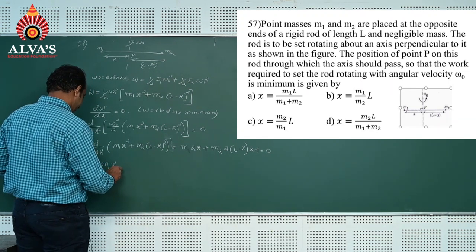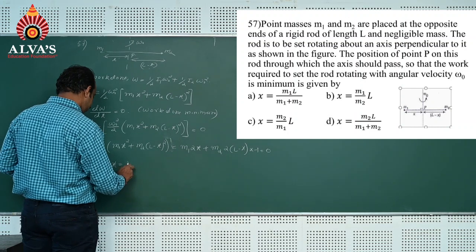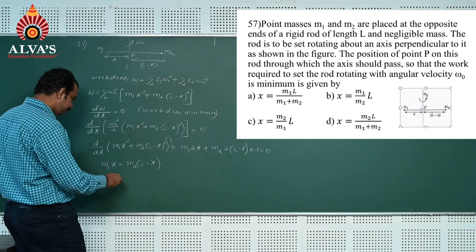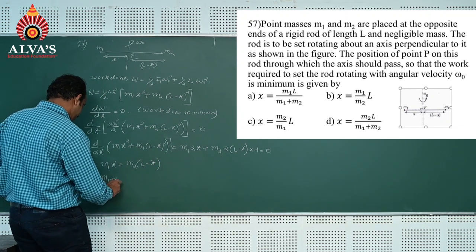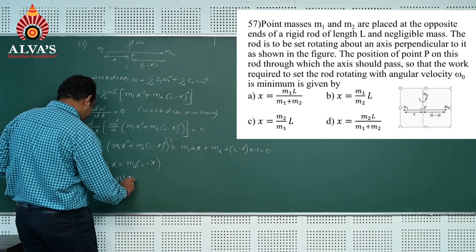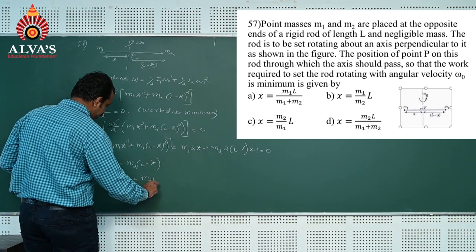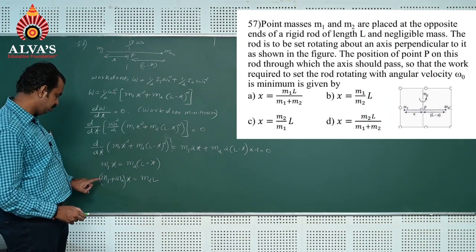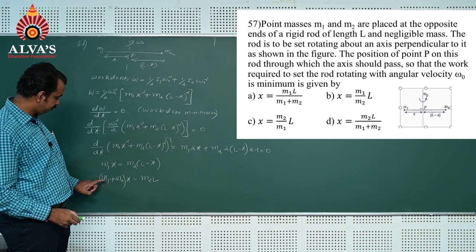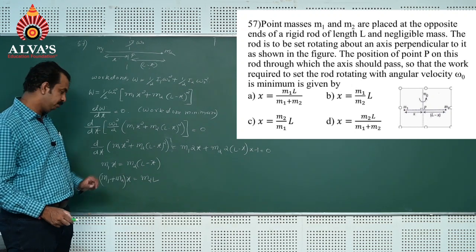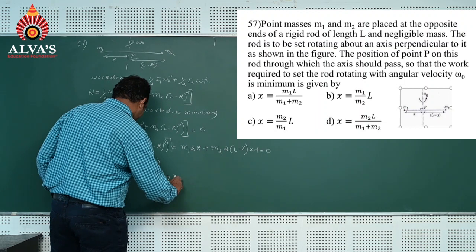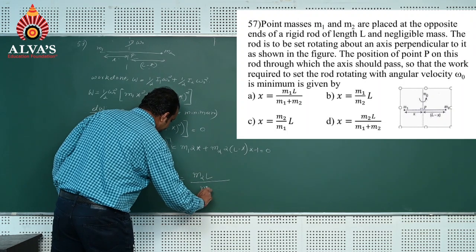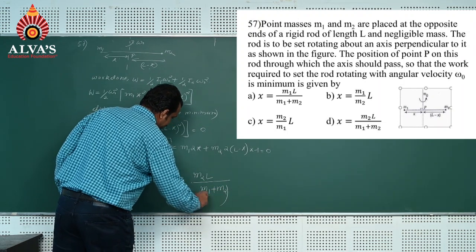m1 x is equal to m2 into L minus x, or m1 plus m2 into x is equal to m2 into L. The m2 x term can be taken to the left hand side, so the equation becomes m1 plus m2 into x equal to m2 L. We want the value of x, so x is equal to m2 L divided by m1 plus m2.